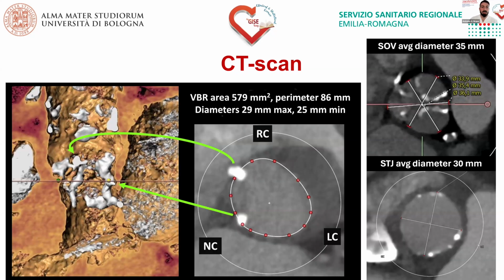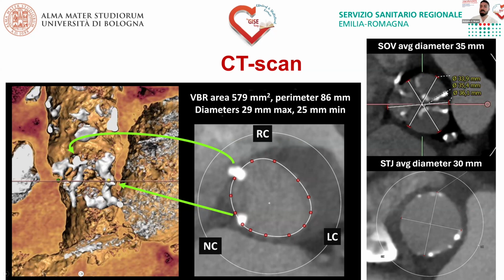Here you can see his virtual basal ring data. He had an area of 579 with a perimeter of 86 and a maximum diameter of 29, a minimum diameter of 25. As you can see, he had some bulky calcification at the virtual basal ring that protrudes in the LVOT.